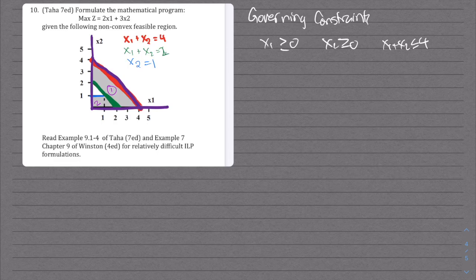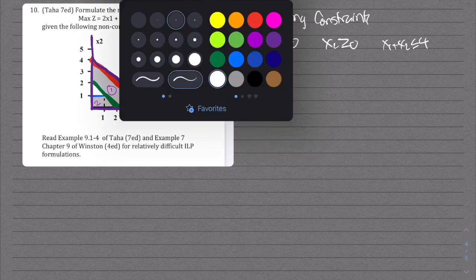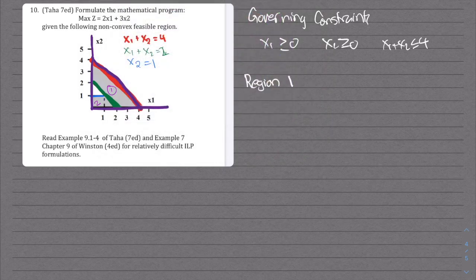Let's now get the constraints for region 1. The constraints for region 1 are defined by these boundaries. I will highlight them in purple. It's this, but that's already x2 is greater than or equal to 0. It's also governed by this line. This is already x1 is greater than or equal to 0.